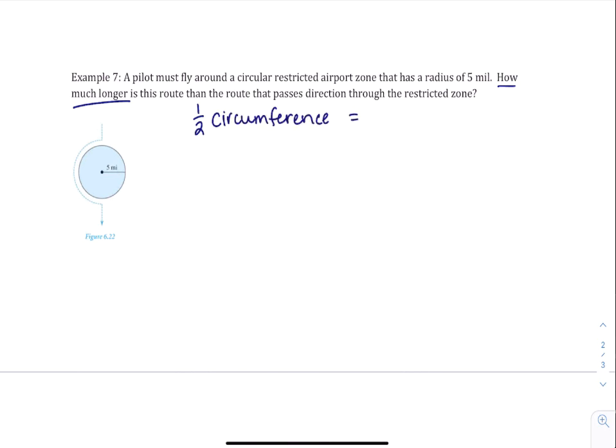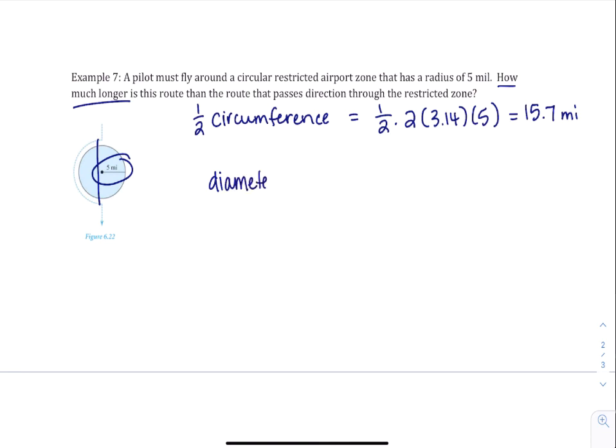And this time, we can do it all together, 1/2 times, and we have a radius, so we'll use 2 times pi times the radius. And we get 15.7 miles. So going around the circle is 15.7 miles. If we were to just go through the circle, that's just a diameter.